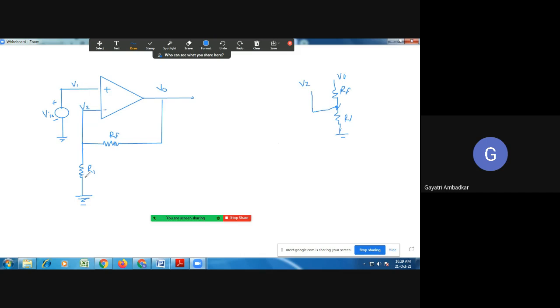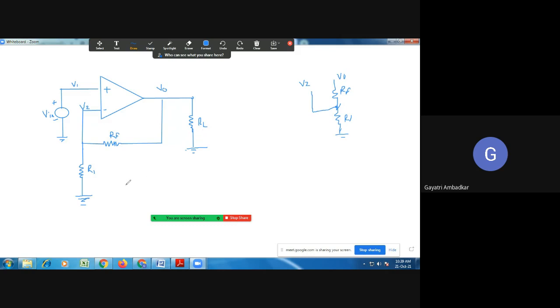It's the same structure I have drawn here. I'll also show the load resistance RL which is connected here. So this is the output.